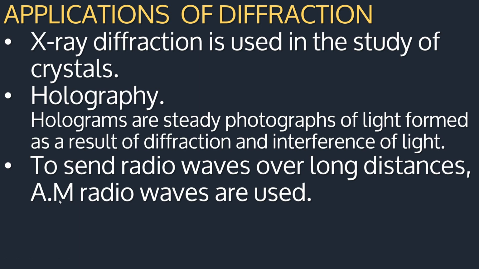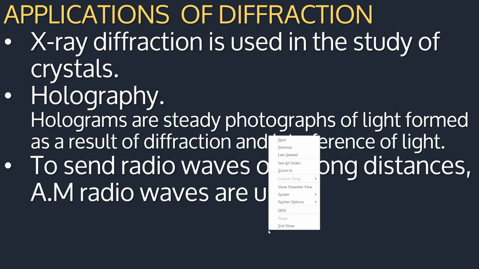FM radio waves have shorter wavelength as compared to AM radio waves. As a result, the AM radio waves are diffracted more than the FM radio waves. Let me just show you something here. Very, very basic.